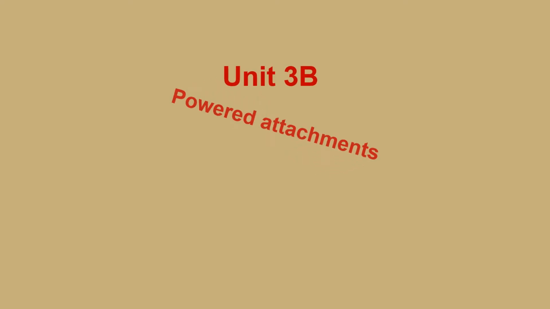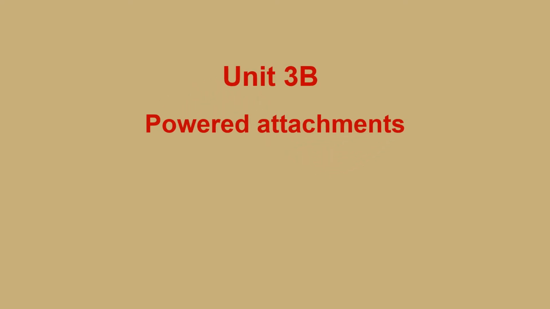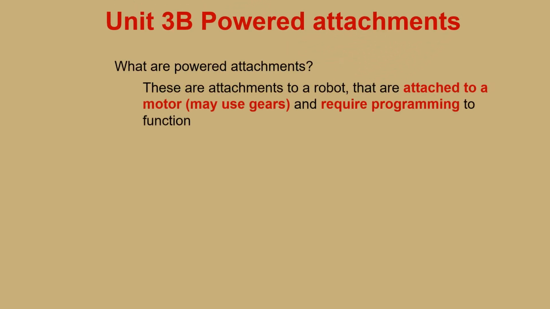Now we come to unit 3B, and this is powered attachments. So passive attachments, which we discovered in unit number 1, are the attachments that don't need any specific programming and are not attached to any motor, whereas powered attachments are attached to a motor, and obviously there are a large diverse range of powered attachments.